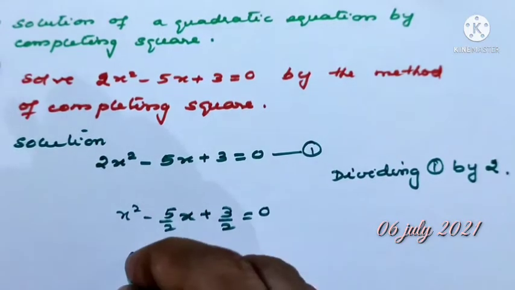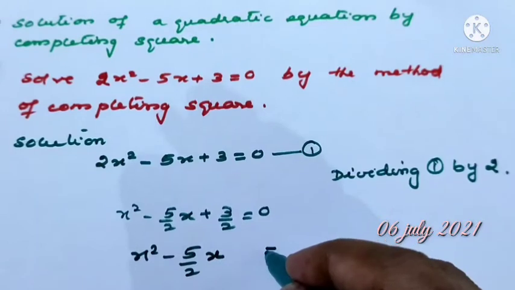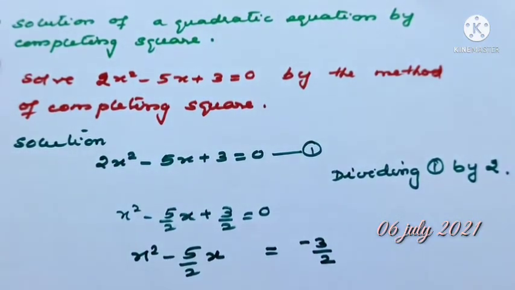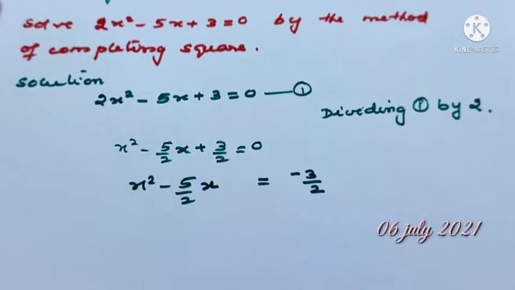Now x square minus 5 by 2 x we are keeping on this side, and plus 3 by 2 we are taking to the other side. The x square and x terms we are keeping on the left side, and the constant we have taken on the right side.